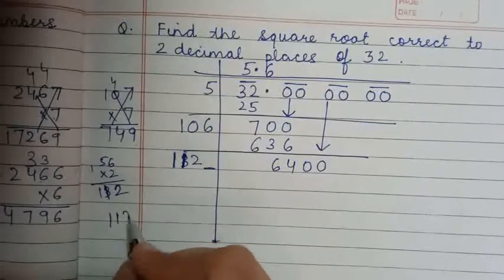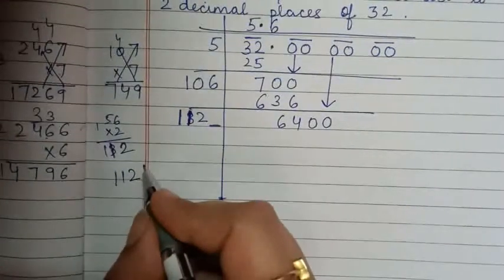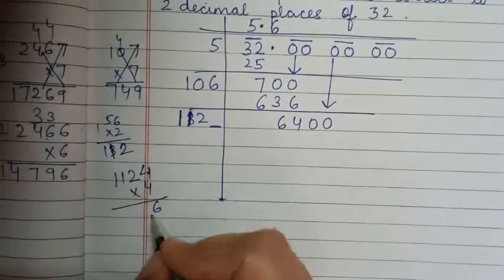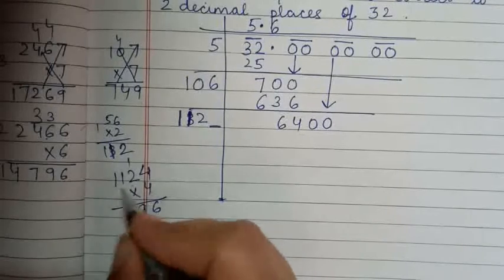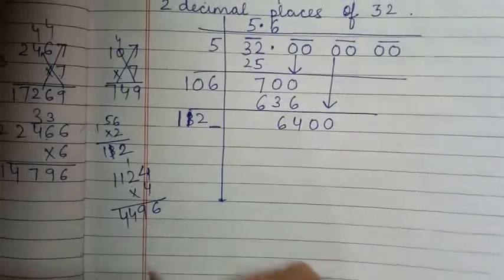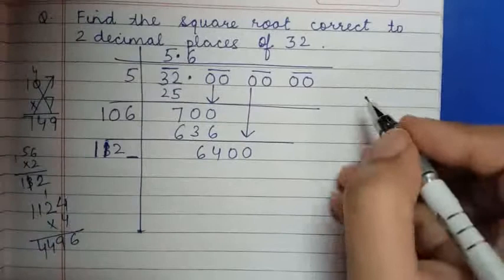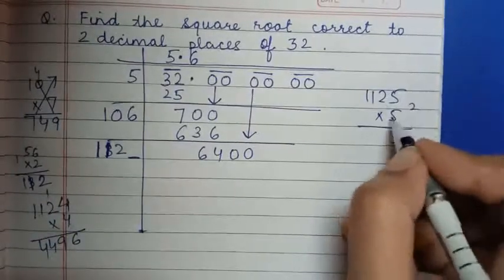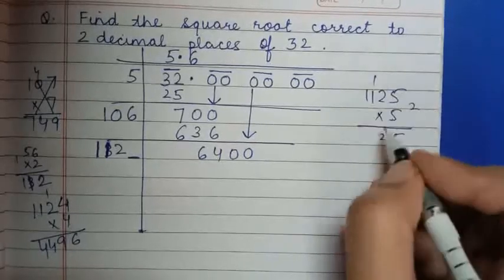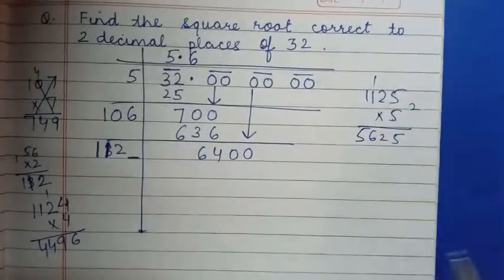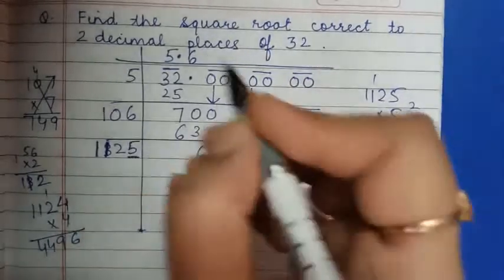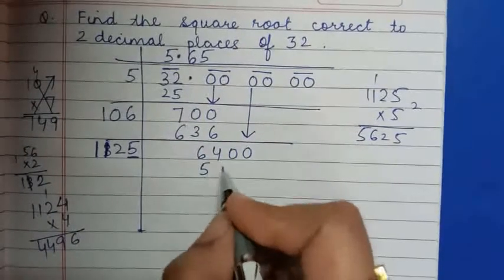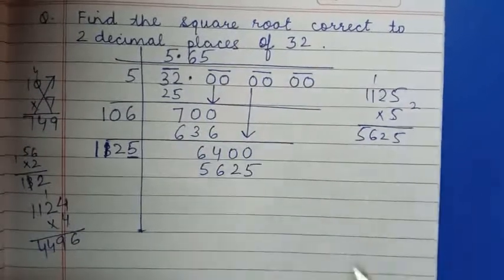Suppose I take 4 and multiply by 4: 4 4s are 16, 4 2s are 8, 9, 4 1s are 4, 4 1s are 4, 4496. If I take 5, 5 5s are 25, 5 2s are 10, 5 1s are 5, 5 1s are 5, 5625. So I keep 5 here, 5 here, because this product is lesser than this. So 5625.